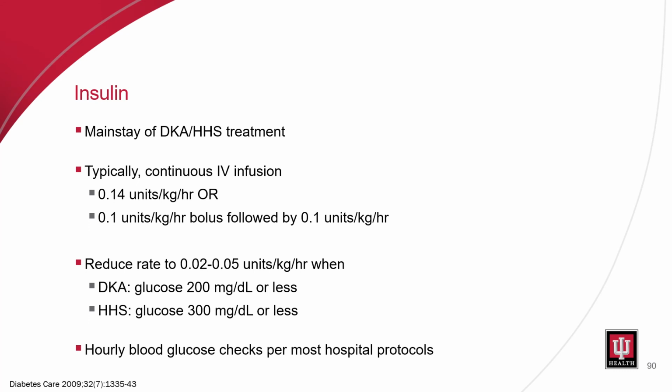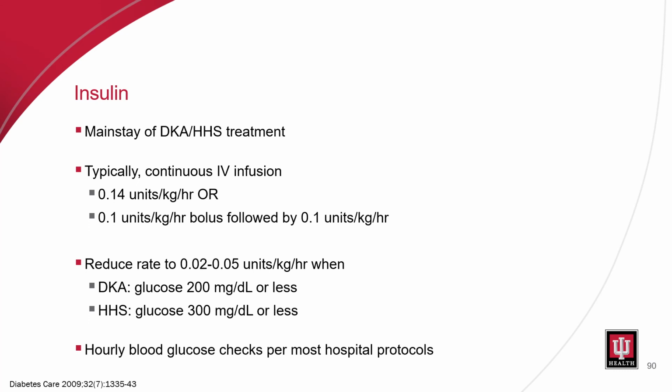Again, whenever we reach a glucose value of 200 milligrams per deciliter or less for DKA, or a glucose of 300 milligrams per deciliter or less for HHS, we will reduce the rate to 0.02 to 0.05 units per kilogram per hour in order to prevent hypoglycemia.